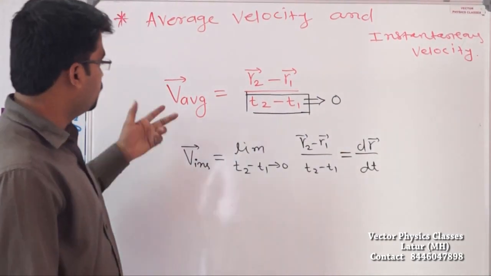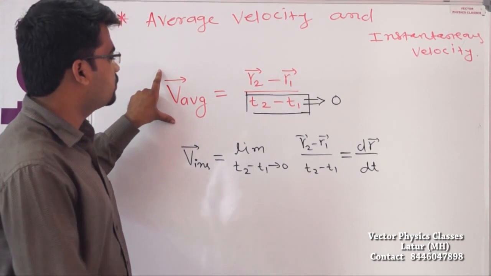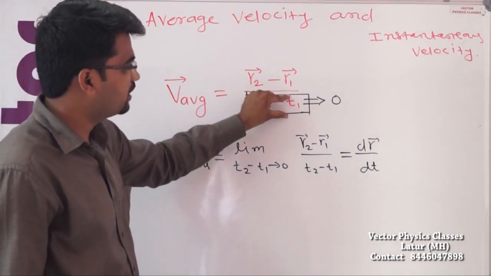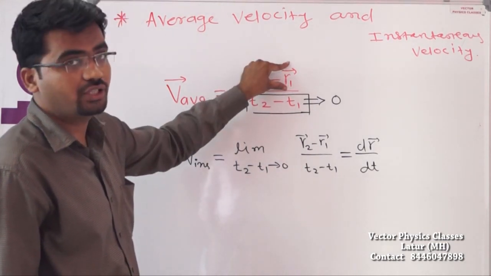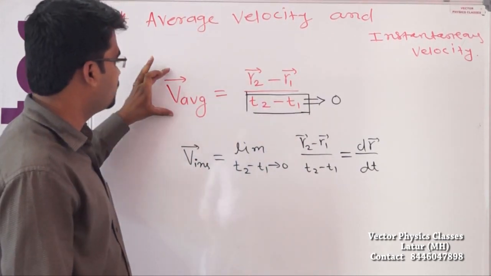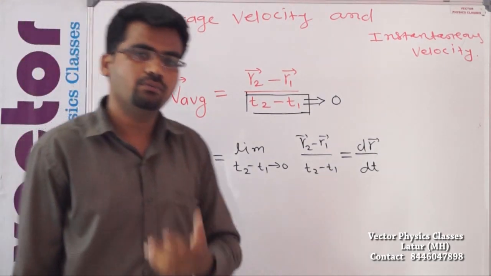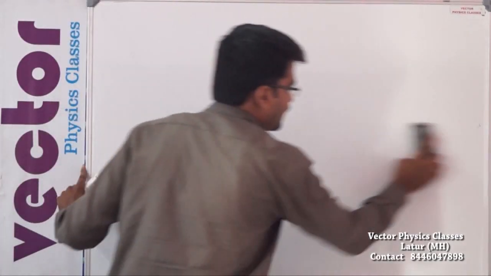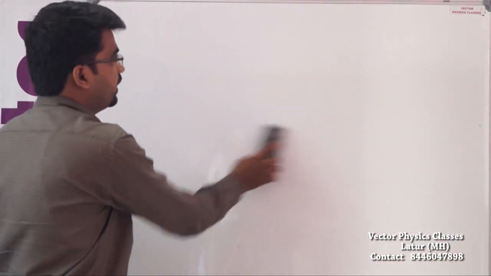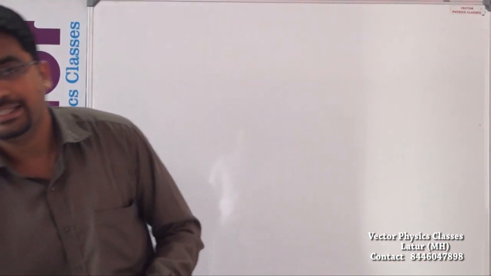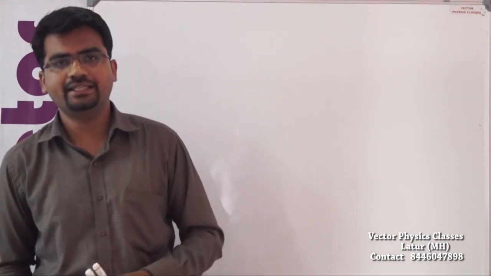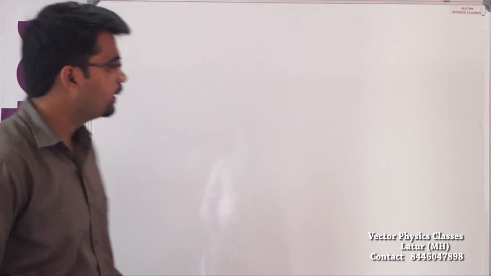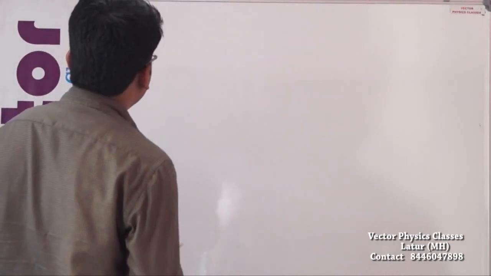And if you know the initial position and the final position at particular instants of time, you can calculate the average velocity. We know the SI unit of velocity is meter per second and the dimensions are LT minus 1. It's very simple.